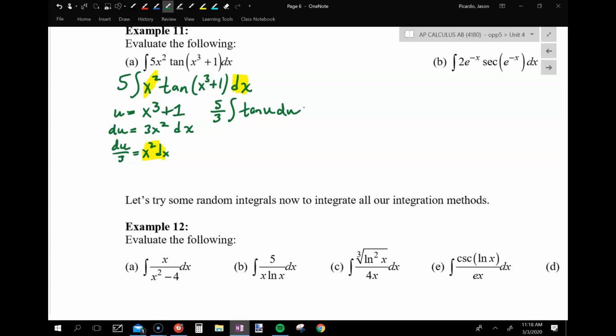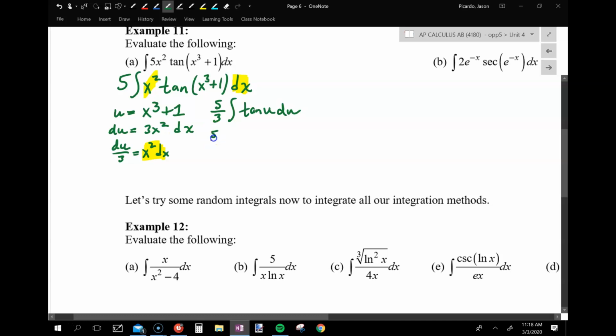Negative natural log of cosine u, in absolute value. So I have 5/3 negative natural log of this plus c.